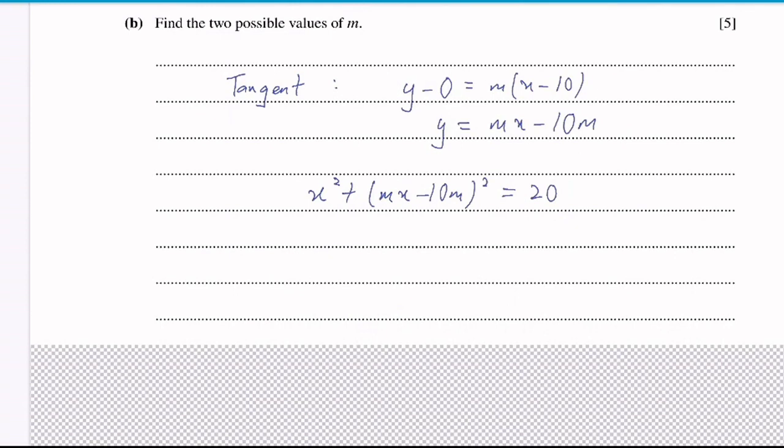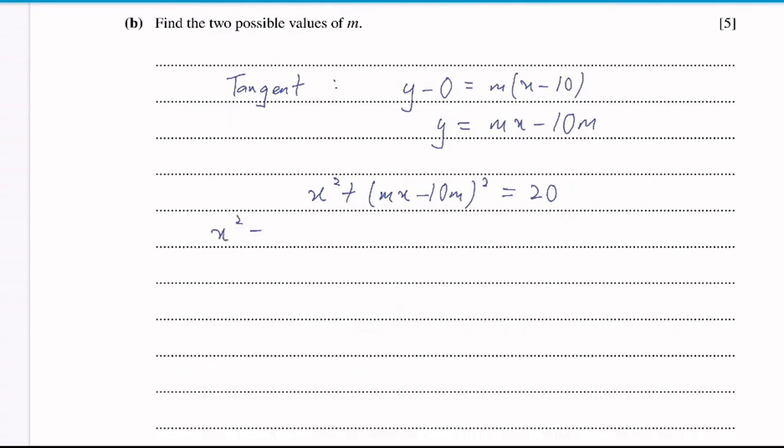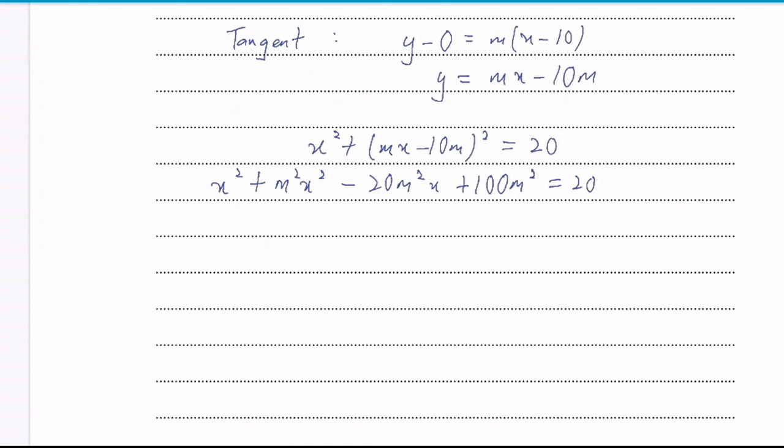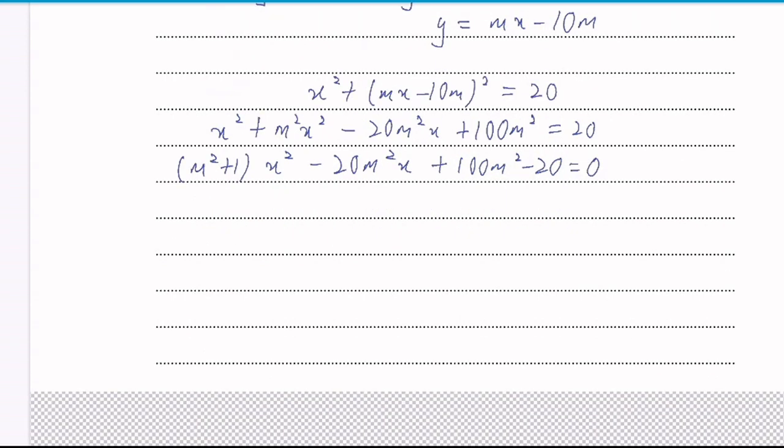After that is a series of expanding, but here you just have to be more careful about it. m squared x squared minus 20 m squared x plus 100 m squared equals 20. So you have to tidy up this one. (m squared plus 1) x squared, for the x it's just 20 m squared, this is 100 m squared minus 20 equals 0.